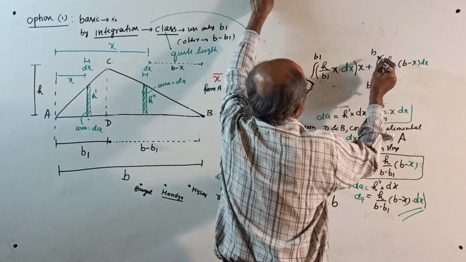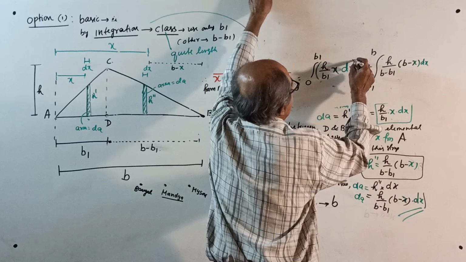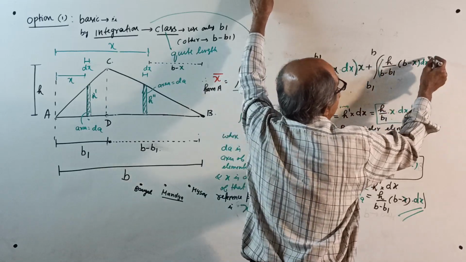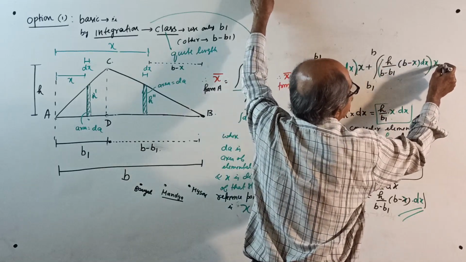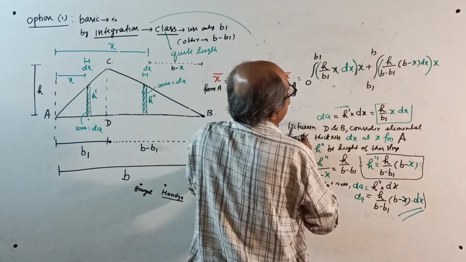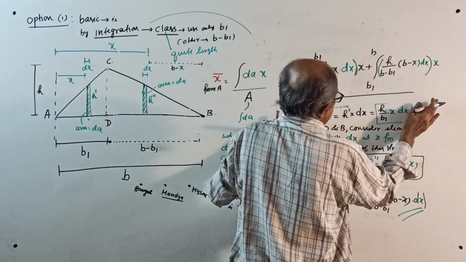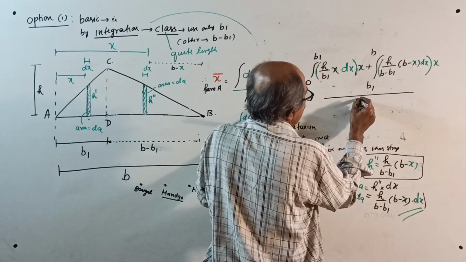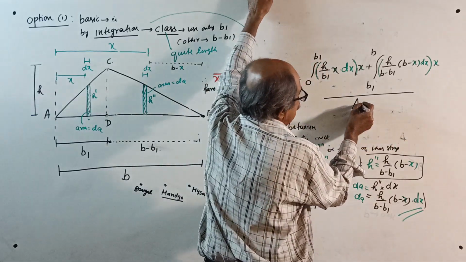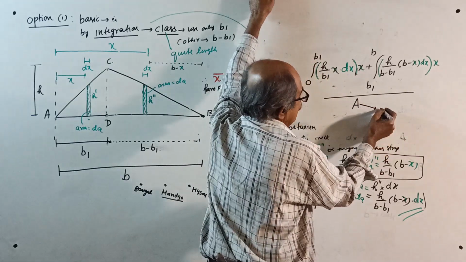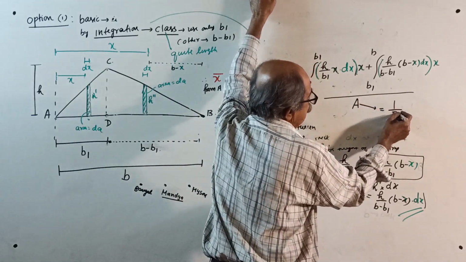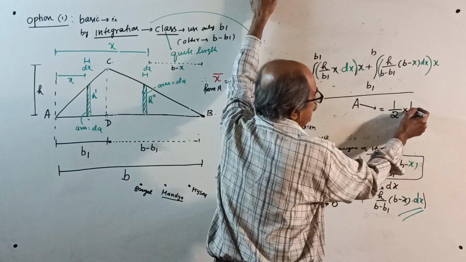This is your dA, see, this is your dA. This dA into x, complete, divided by total area. Don't waste time. Total area, don't integrate, is equal to half into base into height.